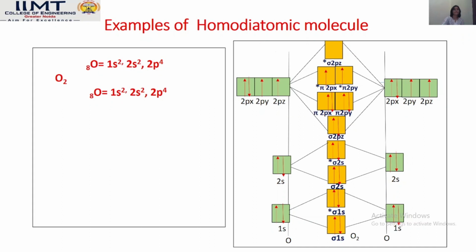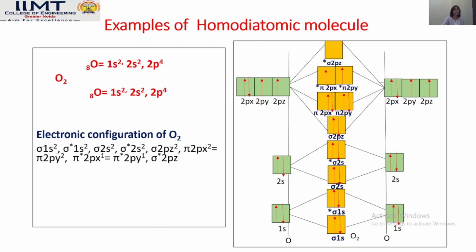The electronic configuration of the oxygen molecule is sigma 1s2, sigma star 1s2, sigma 2s2, sigma star 2s2, sigma 2pz2, pi 2px2 equal to pi 2py2, pi star 2px1 equal to pi star 2py1. The bond order of the oxygen molecule is 2.